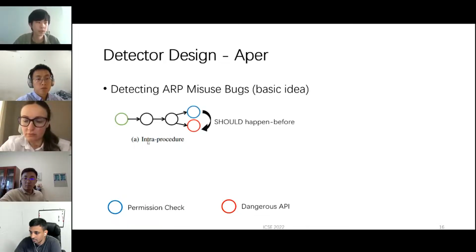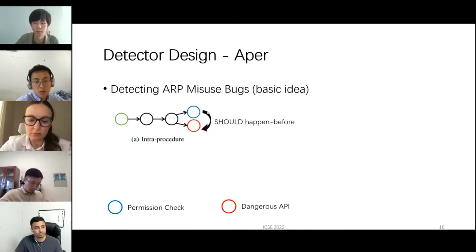Here is the constraint: the check must be called before the dangerous API. Otherwise the dangerous API can be called without a check, and when the permission is missing, the API call will fail and crash the app.